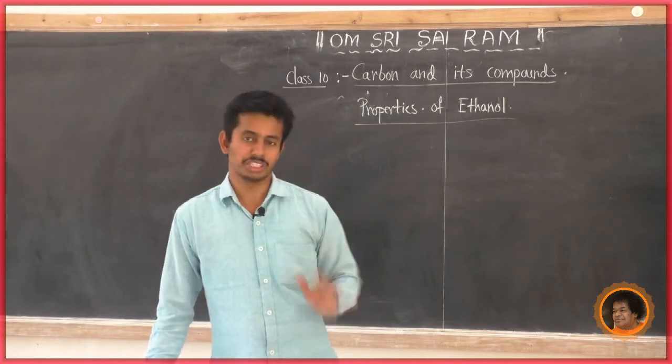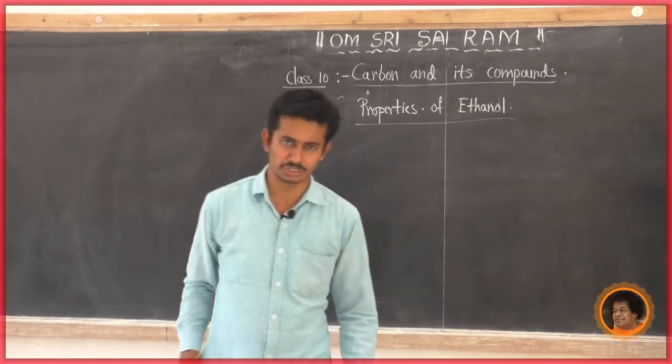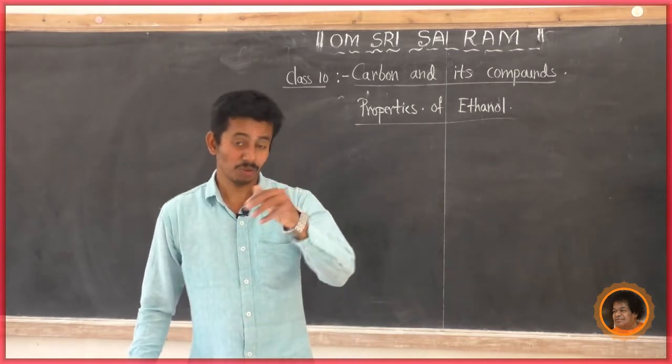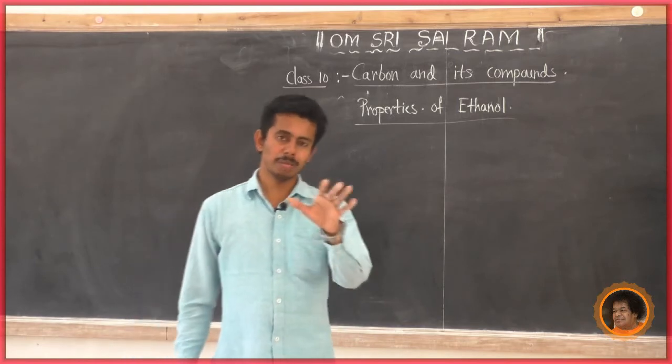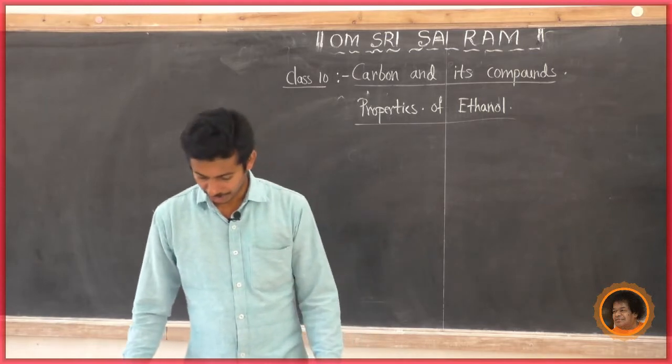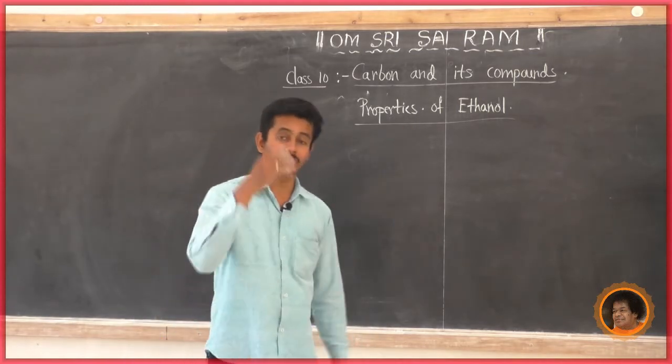It is the main substance in all alcoholic drinks. So how is ethanol available in nature? At room temperature, it is available in liquid state. The second property of ethanol is that it is a good solvent.